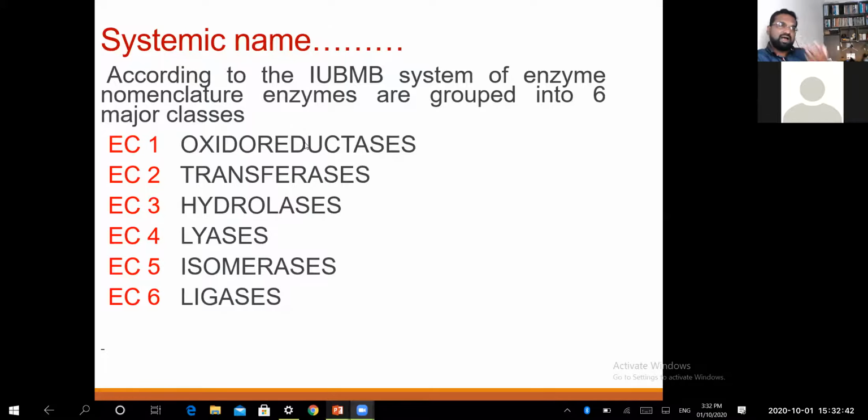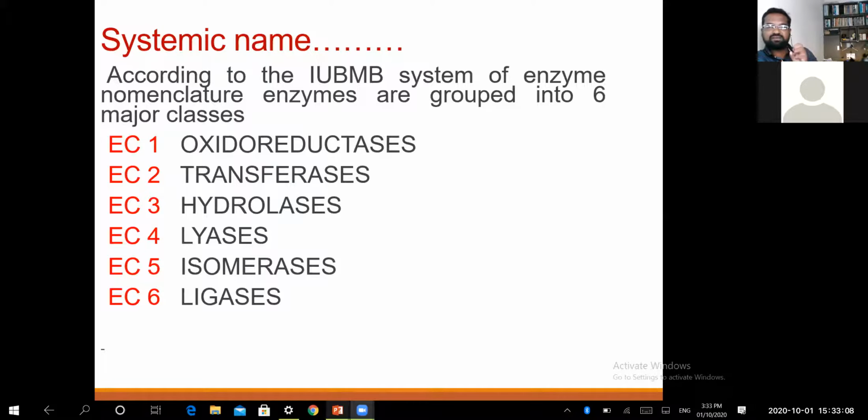If you have some previous knowledge, that amylase brings about hydrolysis of starch, or that catalase brings about breakdown of hydrogen peroxide, only then can you know the activity, the substrate, or the product of the enzyme from its trivial name.